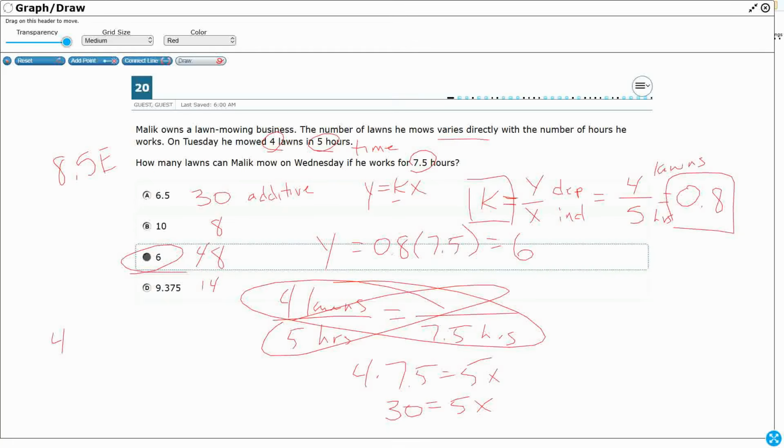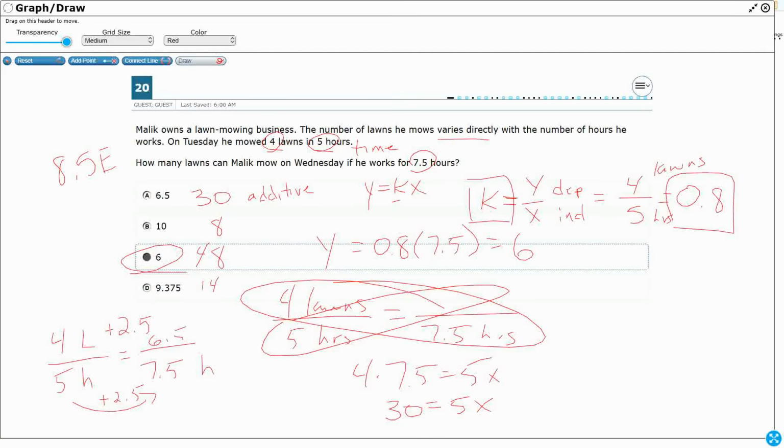So 4 lawns, I'm going to put an L right there, 5 hours, and then we're going to 7.5 hours. So how do I get from 5 to 7.5? Well, I could add 2.5, which means maybe I can add 2.5 and get 6.5. That's not how that works, right?